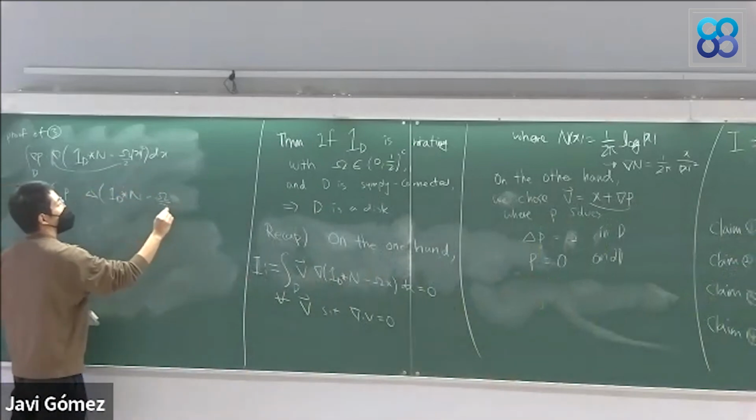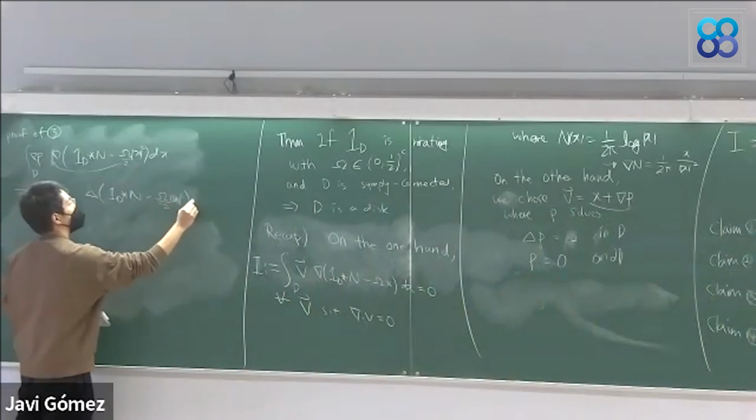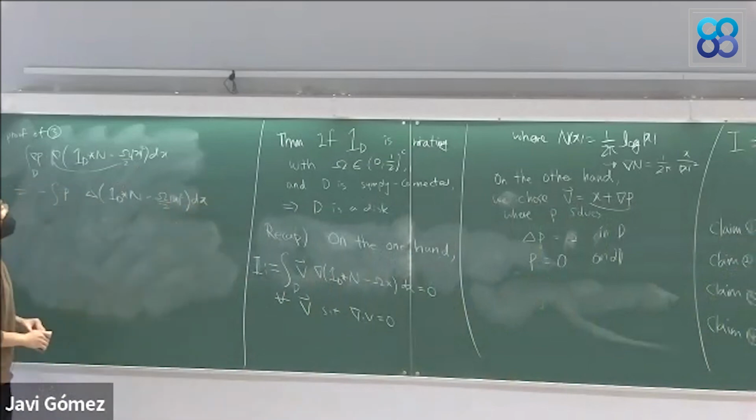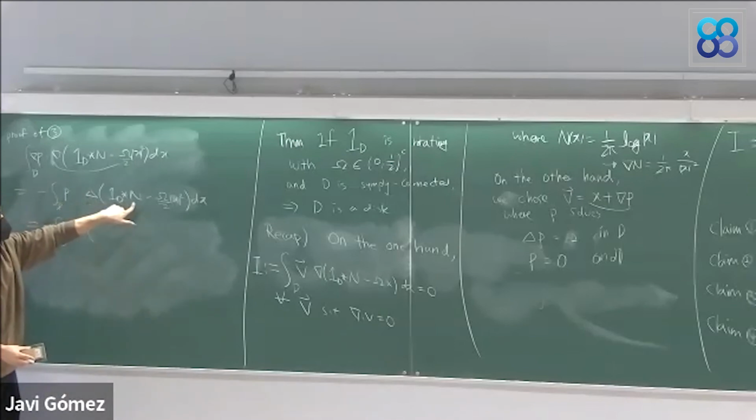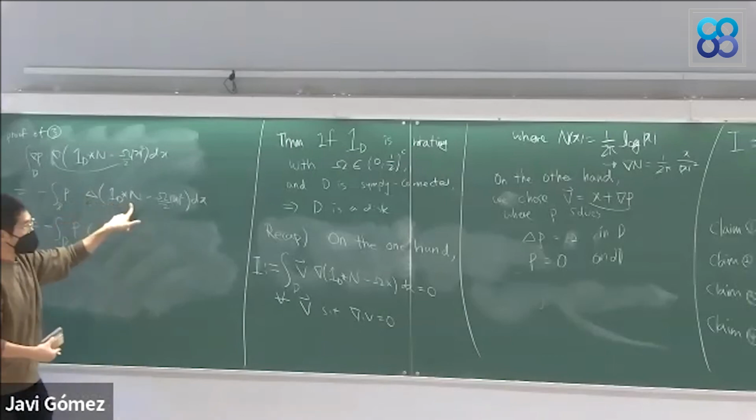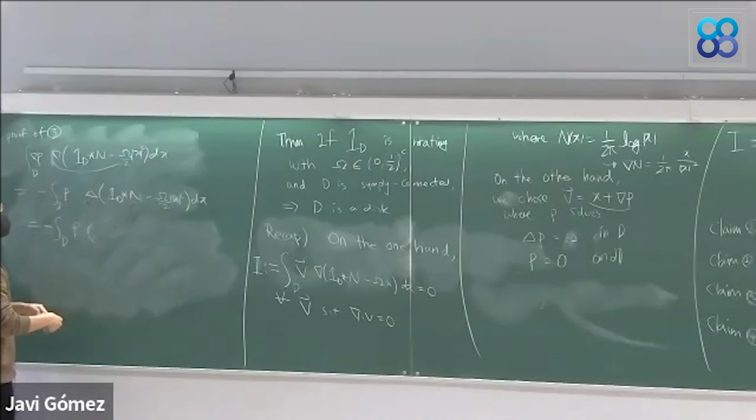So we have it like this, and then we have negative of the Laplacian of something convolved with the Newtonian potential. It just gives you the same function because the Newtonian potential is the fundamental solution to the Laplace equation.